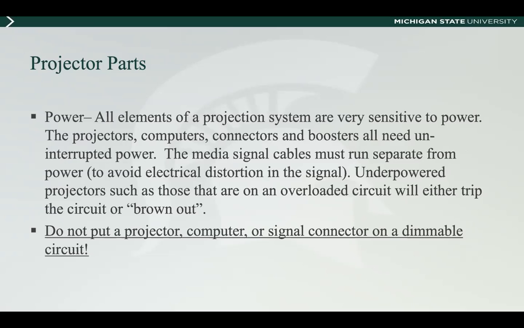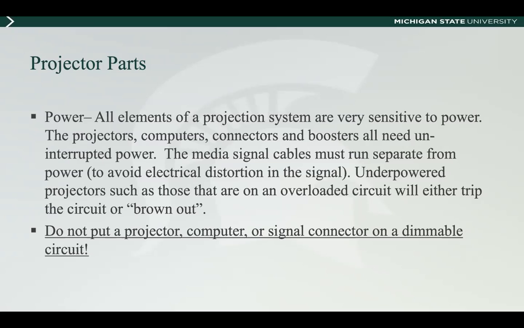And similarly, the power. If you remember me talking about it, all projectors take different types of power, and making sure that it's getting enough power is really important. If a projector is getting too much power or is underpowered, it'll cause the image to brown out. Sorry, that's my dog.